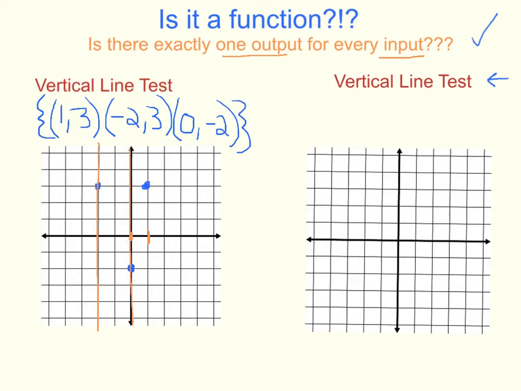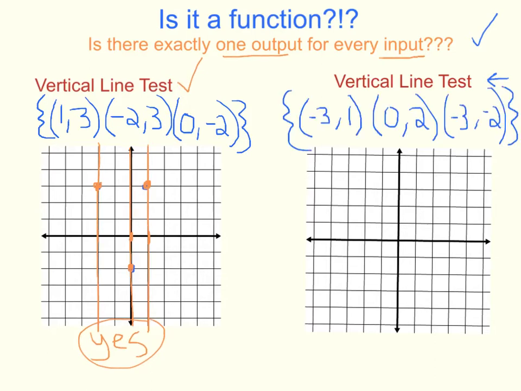We have vertical lines through your points, and we want to look to see how many outputs there are on each vertical line. In this case, there's only one output on each vertical line, so it matches our definition. So this is a function because it passes the vertical line test. Only one point on each vertical line.